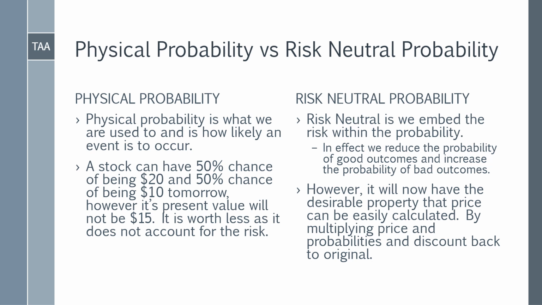But in reality, although the physical probabilities will be 50% each, the risk neutral chance of it going to $20 might be lower, and the chance of it decreasing to $10 might be higher, just to account for the risk.